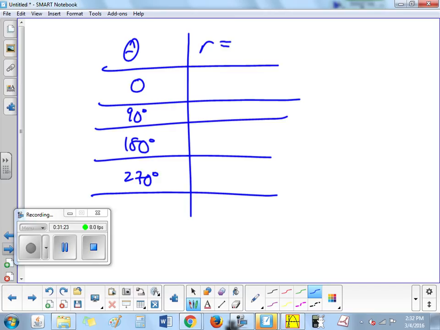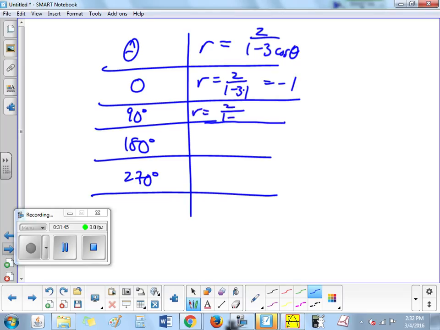The function was, what was it again? 2 over 1 minus 3 cos theta, right? So if you plug in 0, you're going to get 2 over 1 minus 3 times 1. In other words, it's going to come out to negative 1. If you plug in 90, it's going to be 2 over 1 minus 0, because cos 90 is 0.